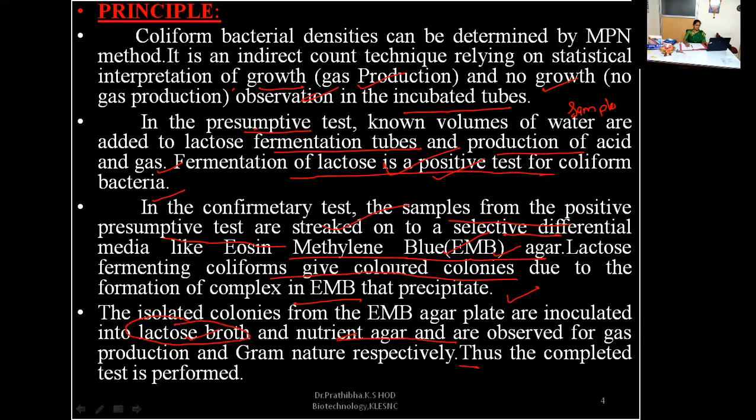If they are gram negative bacilli, then we'll take the organism from the nutrient agar plate and do the gram staining experiment to confirm that they are actually gram negative bacilli. So this is about the completed test.